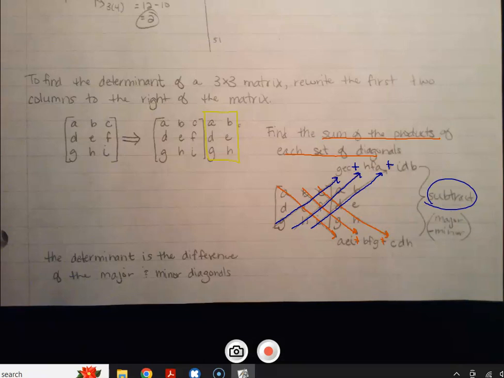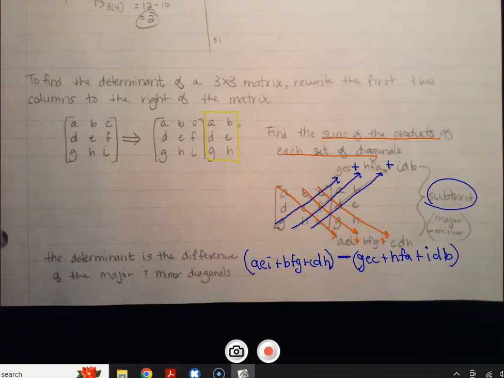Okay, so it would be, sorry, the quantity AEI plus BFG plus CDH minus the quantity GEC plus HFA plus IDB. So it's always the sum of the major minus the minor. So the determinant is the difference, because we're subtracting, of the major and the minor diagonals.